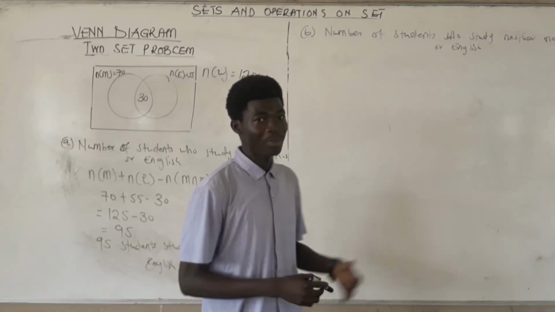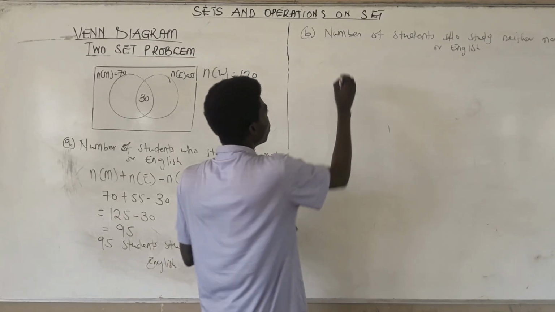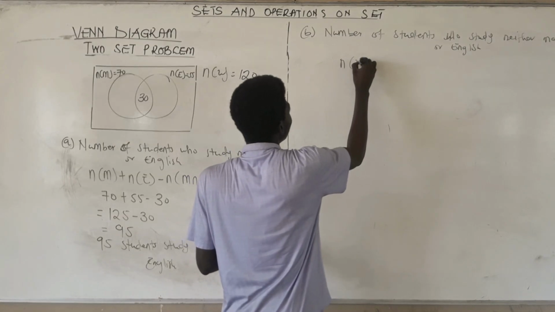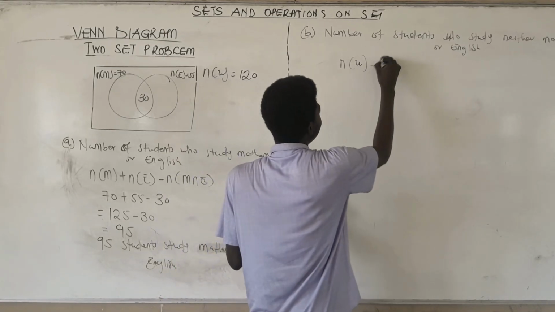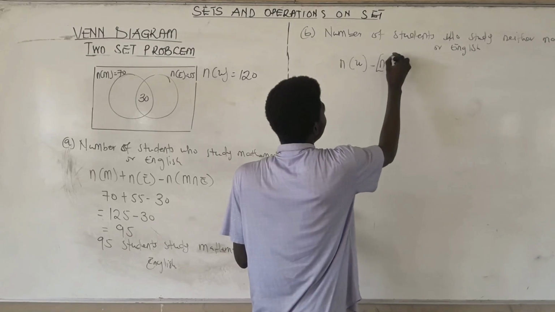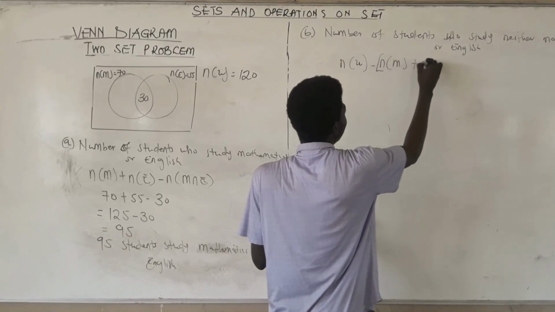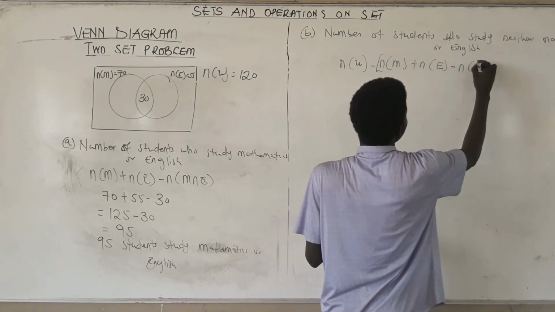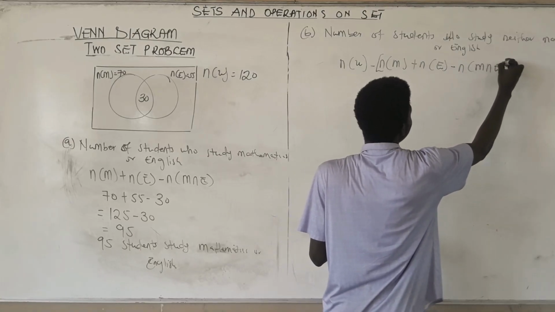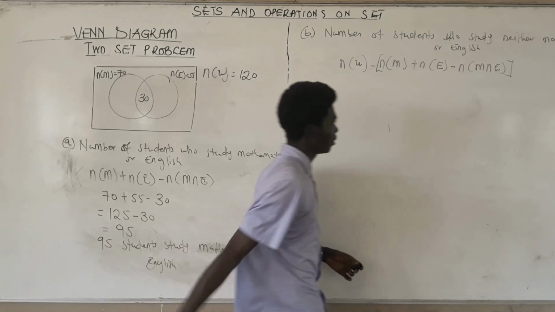Okay, so we apply the formula here as well. So we have number of students in the class, that is the universal set, minus number of students who study mathematics plus number of students who study English minus number of students who study mathematics and then English, right?